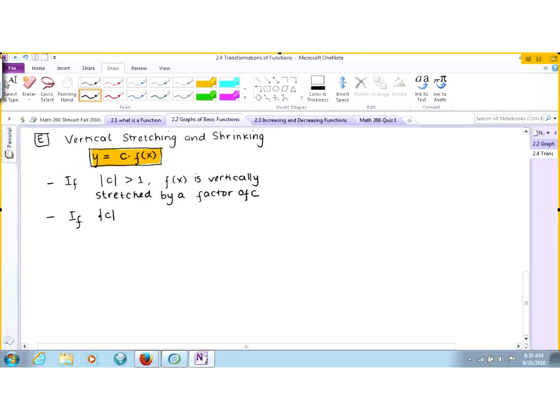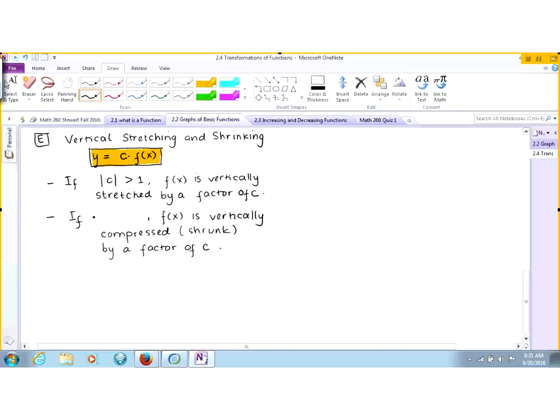Okay. Now, if c is between 0 and 1, I'm talking about the absolute value of c, L of x is vertically compressed or vertically shrunk by a factor of c. Yes, 0 is less than the absolute value of c, less than 1.